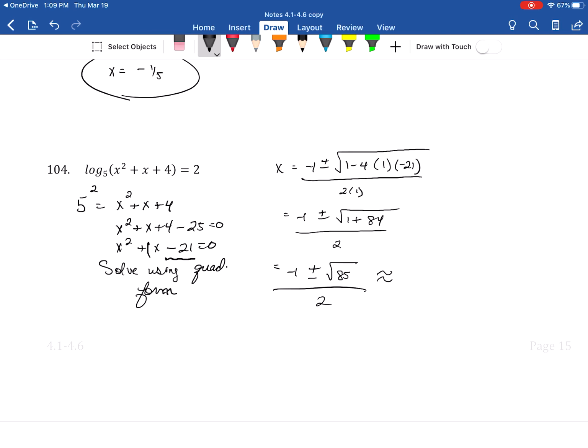All right, I'm going to get some decimal approximations for these answers because I can't simplify any further, but I do want to know what my answers look like. 4.1 and the other answer negative 5.1.